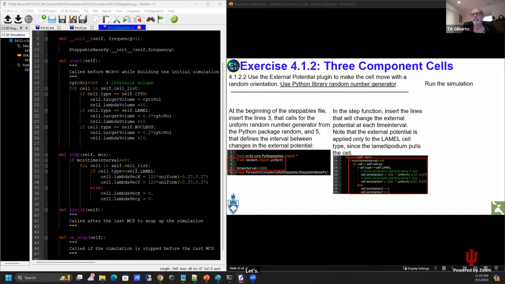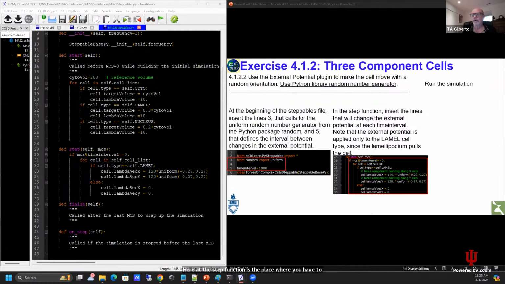And the step function is the place where you have to change the orientation of the force. So you say that if Monte Carlo step divided by time interval is 0, that is the trigger event for the direction changing.